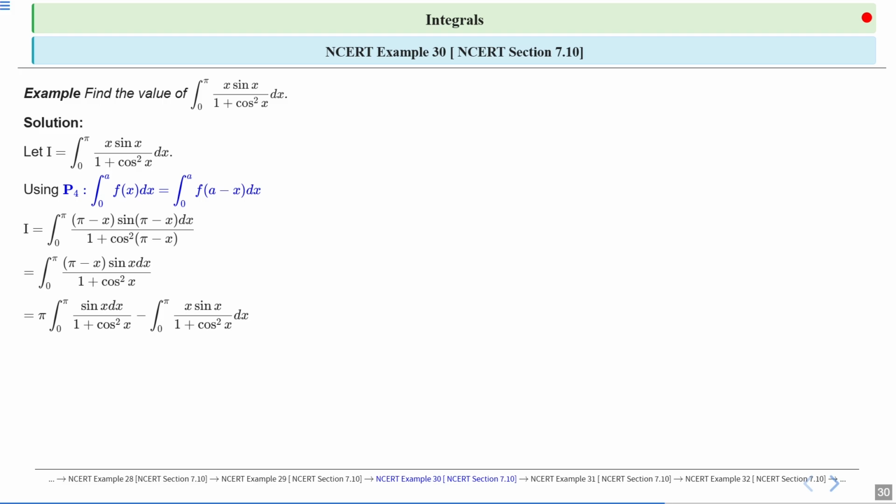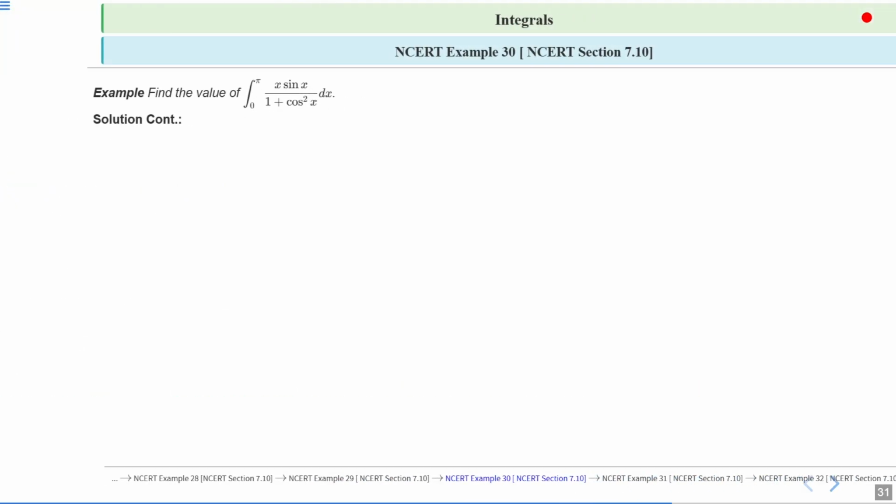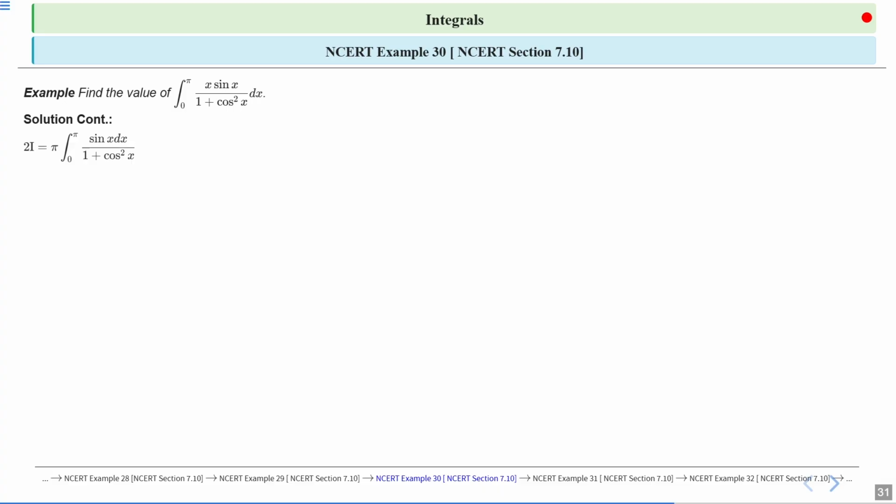And that is identical to the original question, so we can substitute it as I. So we get 2I is equal to pi times integral from 0 to pi of sin x dx by 1 plus cos square x.